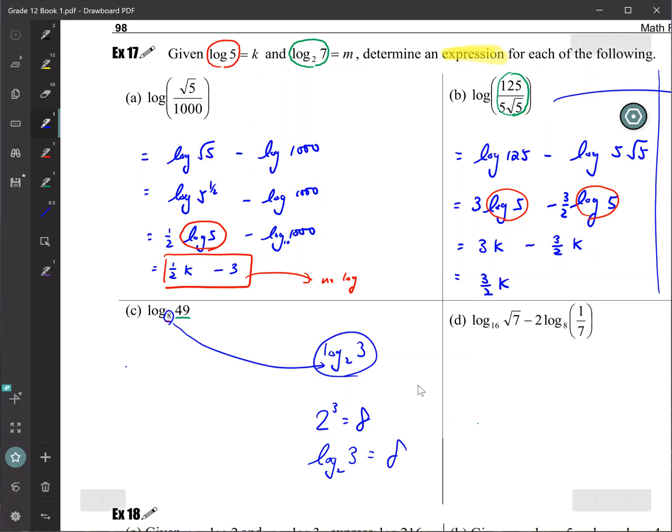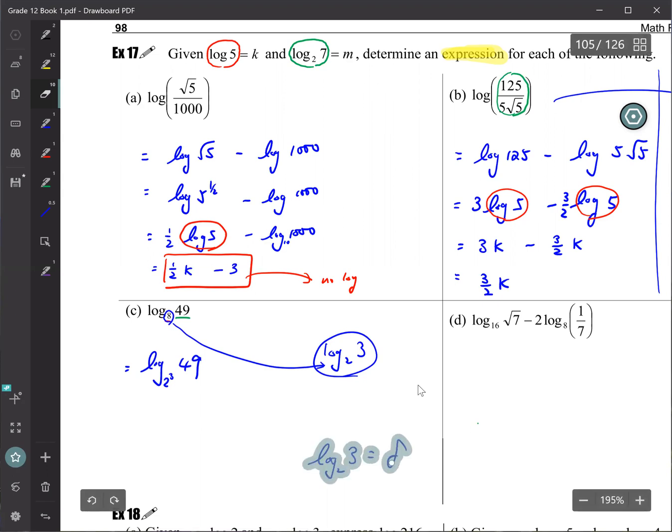Oh, okay. So you want to write it as log base 2 to the 3 and then 49. They are the same, but this looks quite complicated. You have a little exponent in the base. But then you get a base of 2, something with a 2. But then what are we going to do with the tiny exponent?